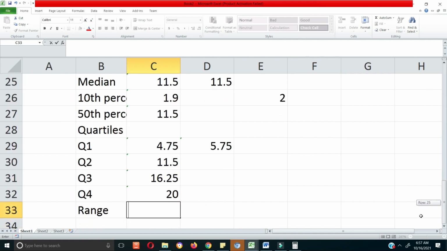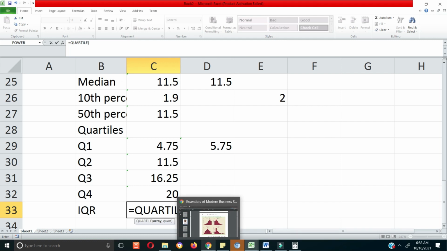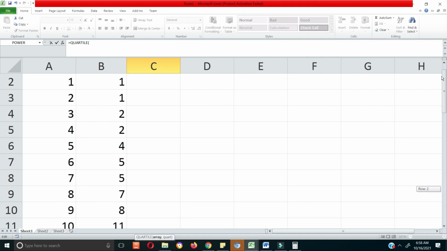The other range we can compute is the interquartile range. This is the difference between Q3 and, sorry, Q1.